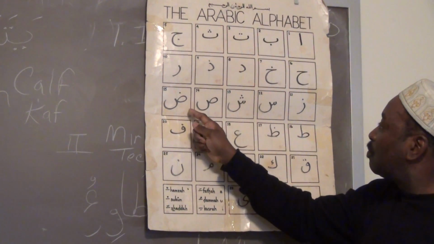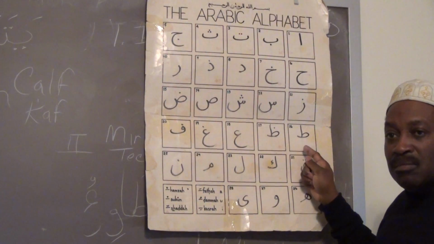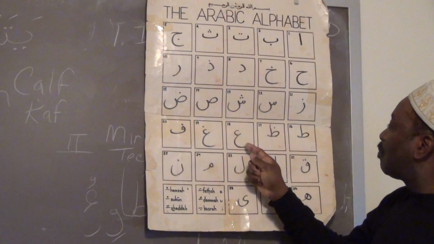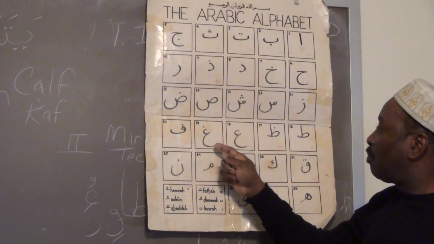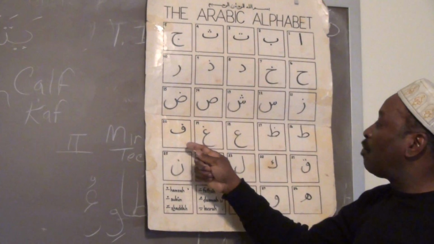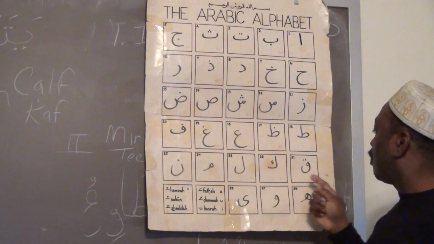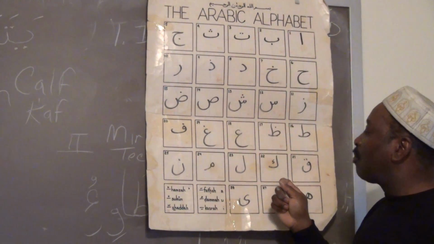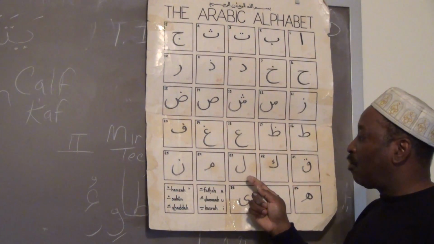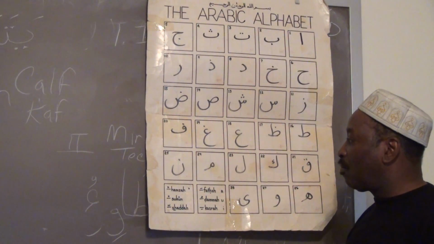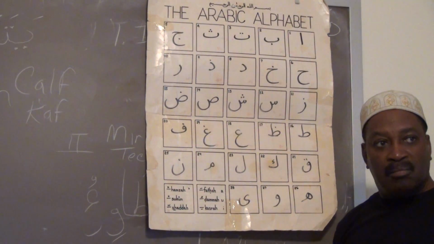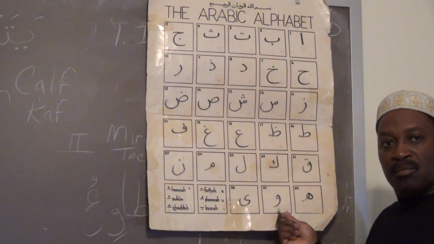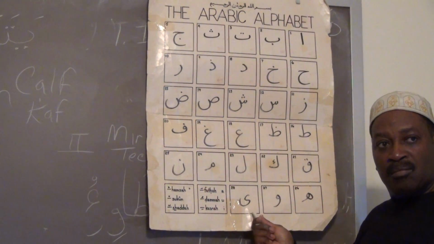See it? Da, Di, Du, Ta, Ti, Tu, Za, Zi, Zu, A, I, U, Ra, Ri, Ru, Fa, Fi, Fu, Qa, Qi, Qu, Ka, Ki, Ku, La, Li, Lu, Ma, Mi, Mu, Na, Ni, Nu, Ha, Hi, Hu, Wa, Wi, Wu, Ya, Yi, Yu.